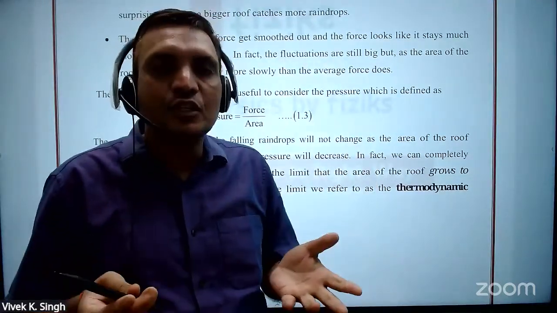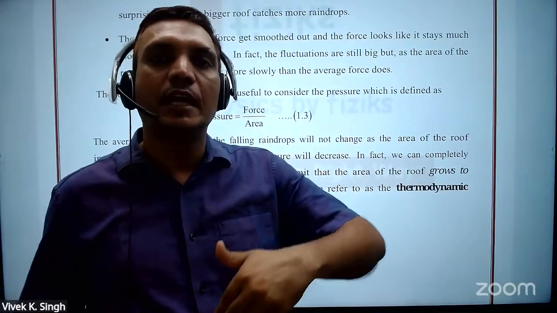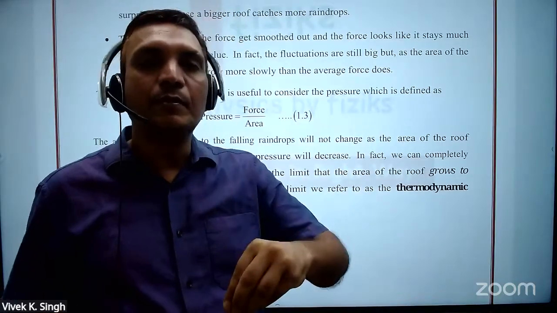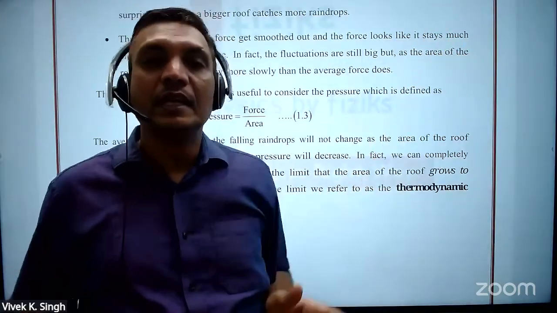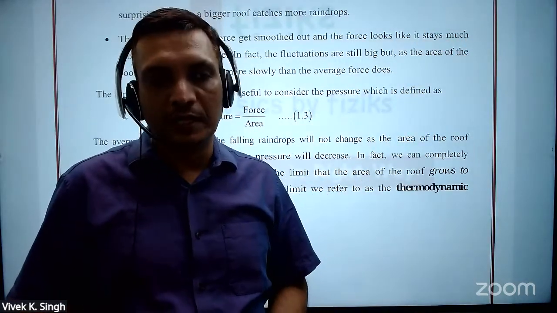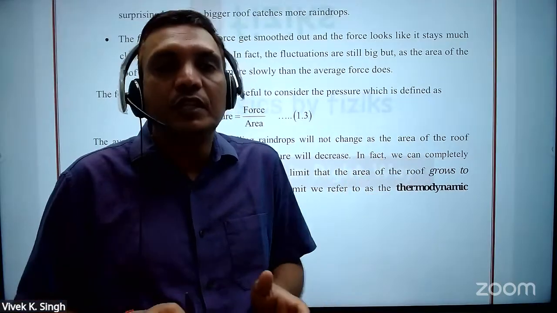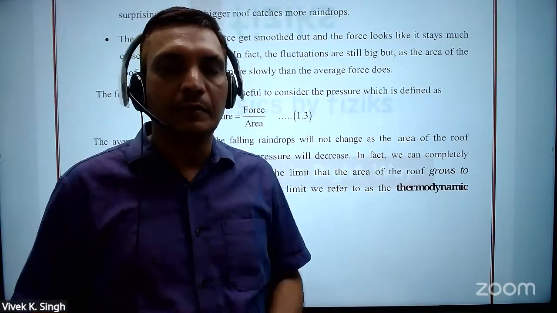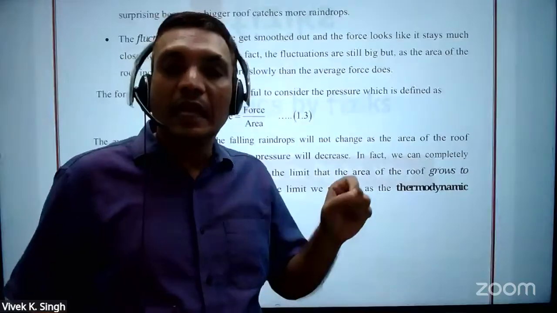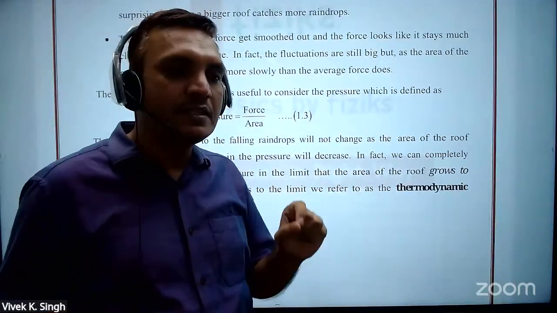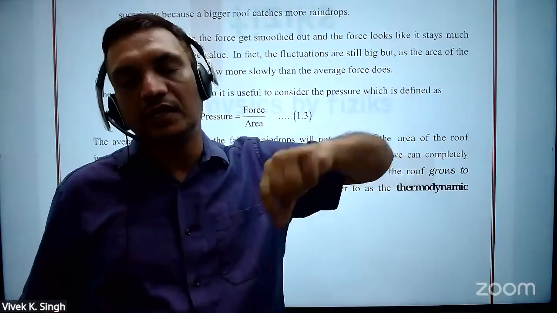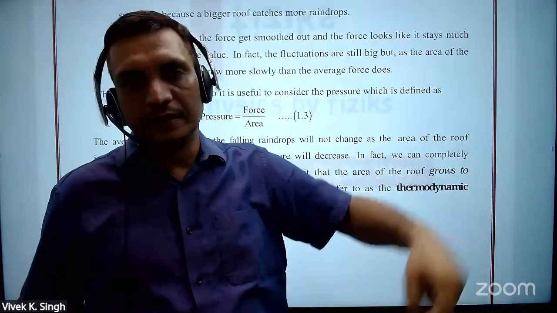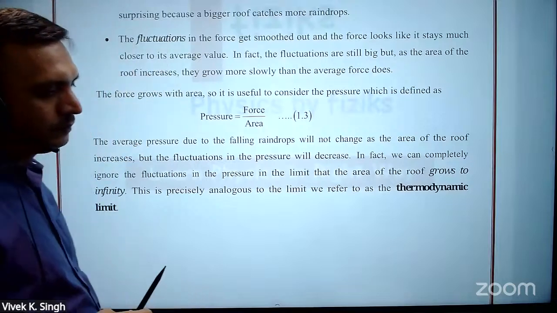So in the ideal situation we say that it's infinity. So when the number of molecules is of the order of 10 to power 23, that will be our thermodynamic limit. So we are dealing with everything in our thermodynamic limit. Whenever we say thermodynamic limit, it means number of molecules is very large, of the order of 10 to power 23 or more than that. Is it clear? Yes, sir.